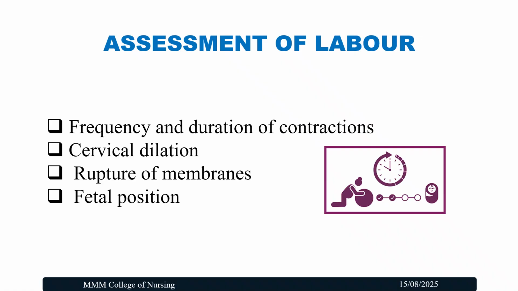Through that we can find out whether the labor will happen in the right duration, or it will be an obstructed labor, or whether any other complications occur, which can be observed by assessing this. These are the conditions during the labor.